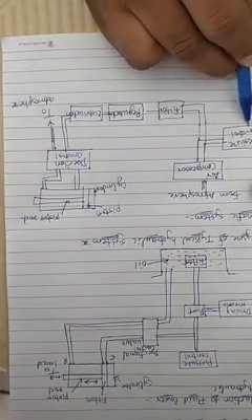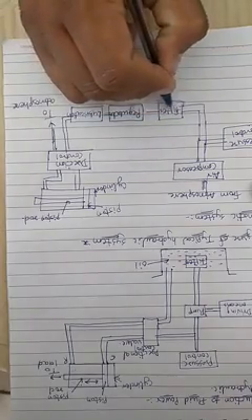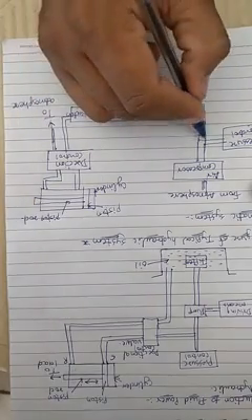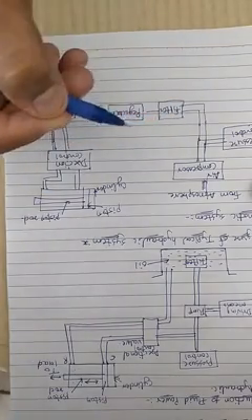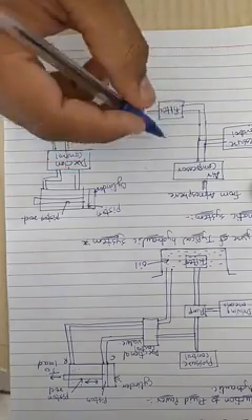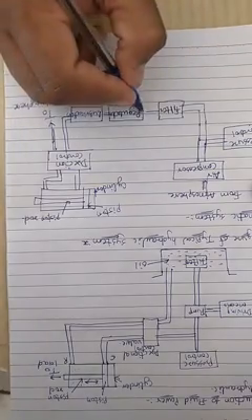The excess pressure in the system will be removed from the pressure control, then there is a filter here, which removes the dust particles from the air. Then there is a regulator.